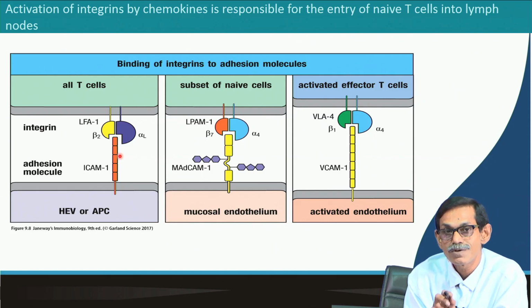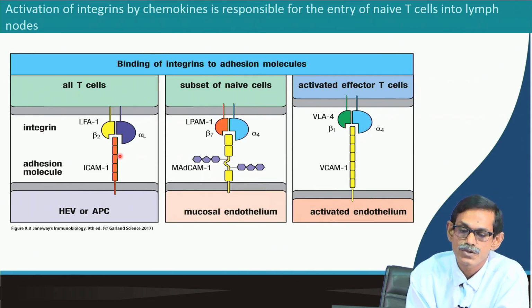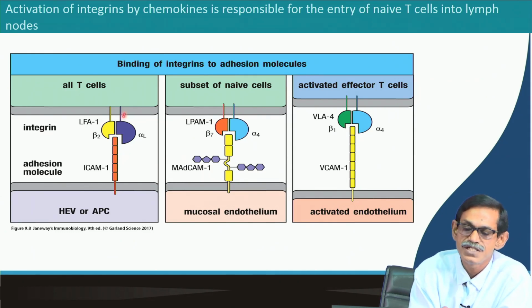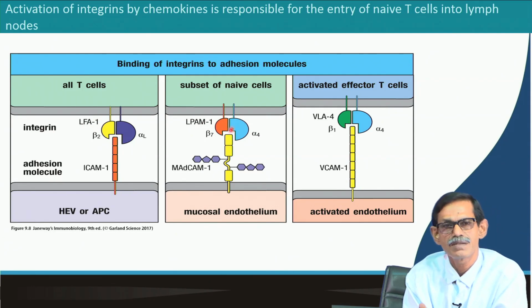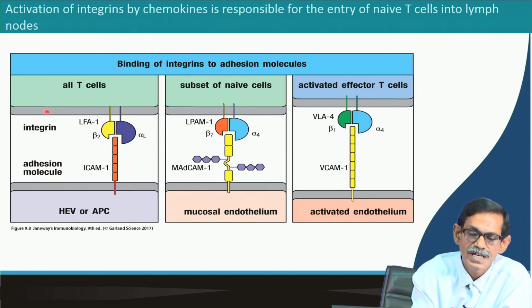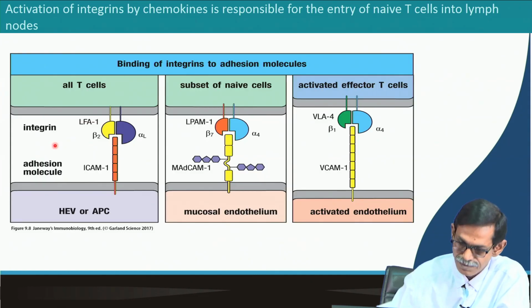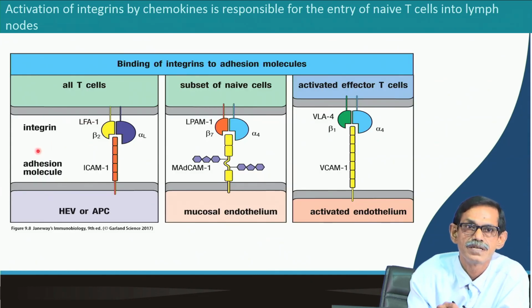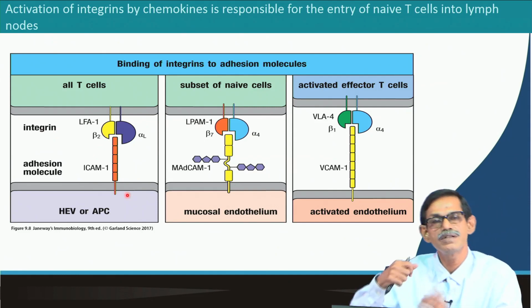Initially the receptor was recognizing sugar, now the receptor is recognizing the protein part. So, in general all these are called LFA, PAM. So, this is called integrin, sorry, this is called integrin. So, integrin and cell adhesion molecule interact.